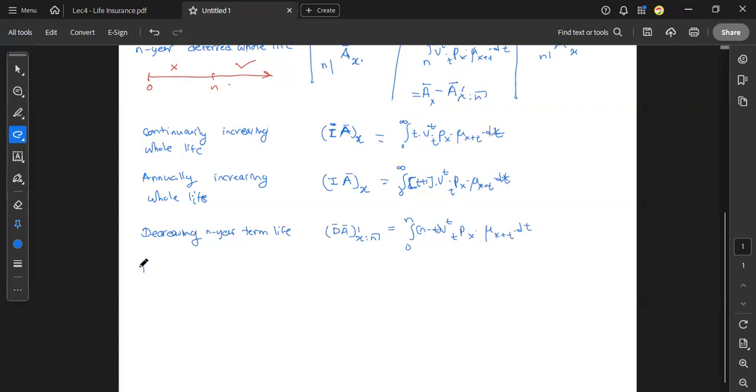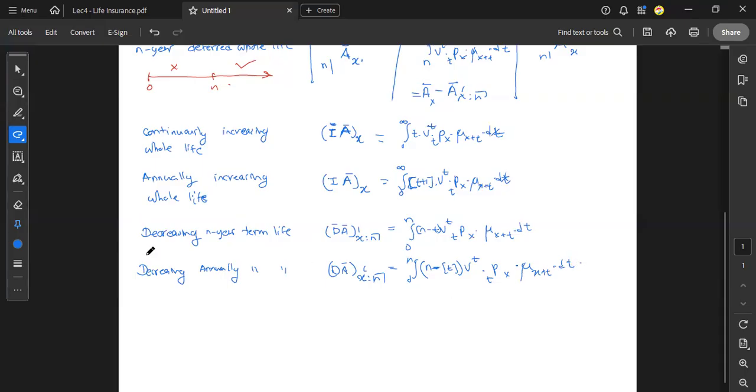So decreasing annually, term life. There's no bar for D, but since the benefit is paid at the moment of death and it is term life, we are integrating from 0 to n, but now n minus the integer part of t, multiplied by v^t, tPx, mu x plus t, dt.